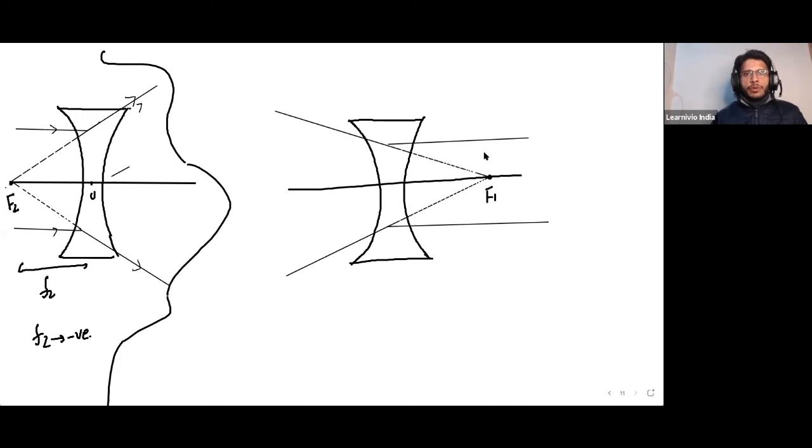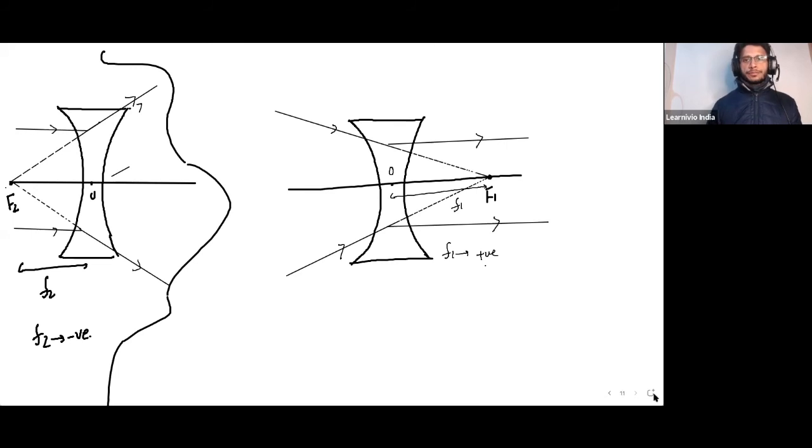We call this point the first principal focus. The point at which rays appear to converge, and after refraction they become parallel to the principal axis, that's the first principal focus. This is the optical center. So if you check O to F1, you're moving in the direction of light. That means your F1 is not negative now, it's positive.